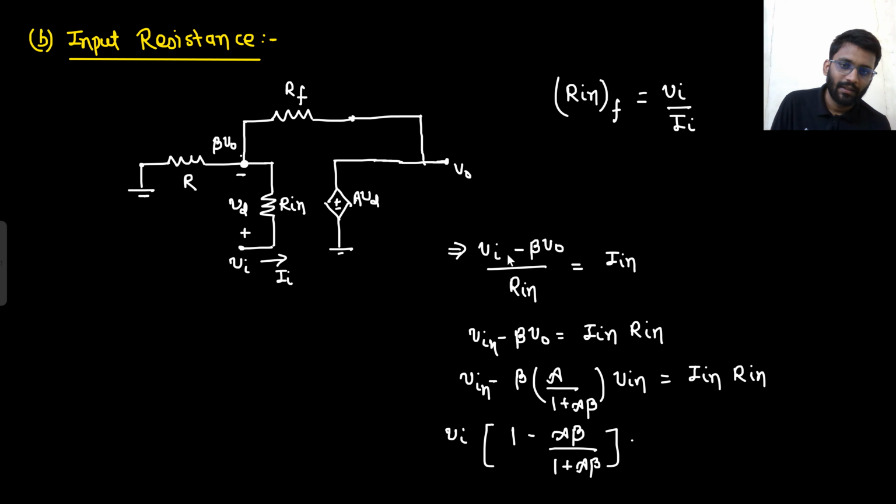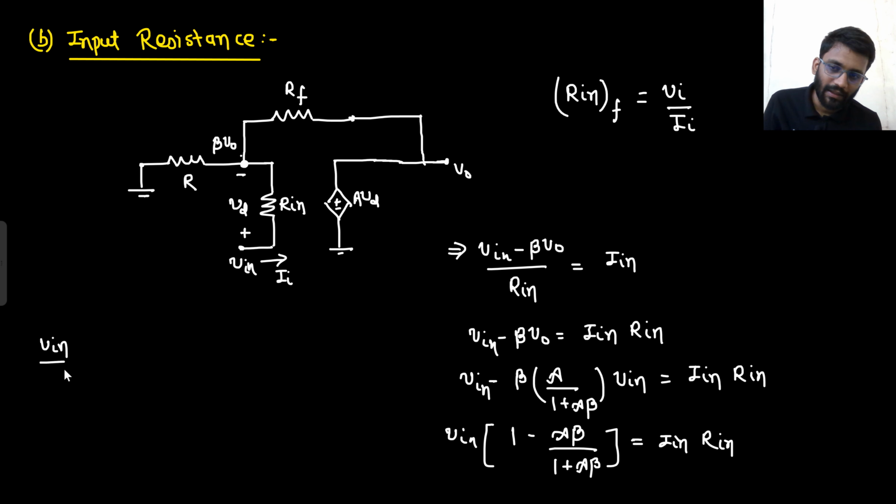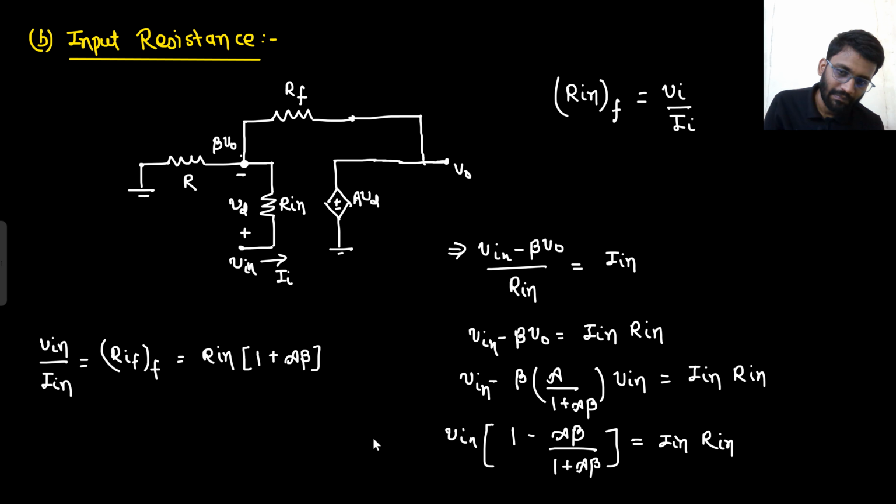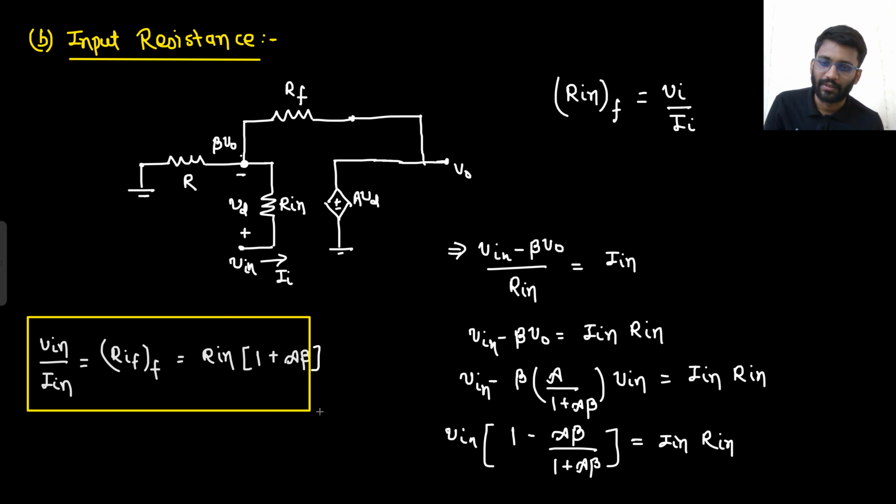I just took the common Vin, so Vin common, so 1 minus A beta upon 1 plus A beta is equal to Iin Rin. Right? So what will be the value of Rin? Vin by Iin, that is your Rin with feedback, and that is coming out to be Rin into 1 plus A beta.